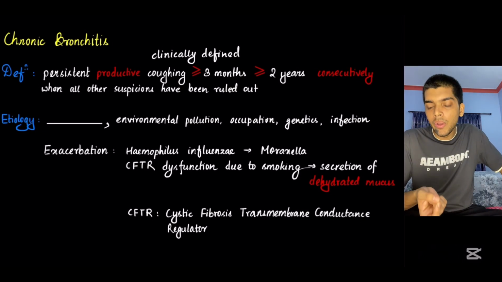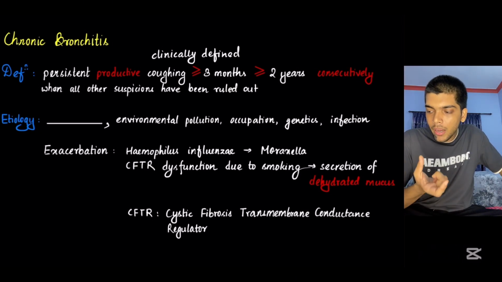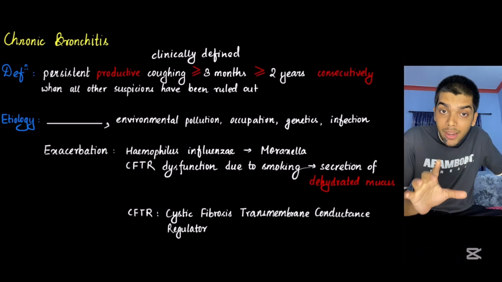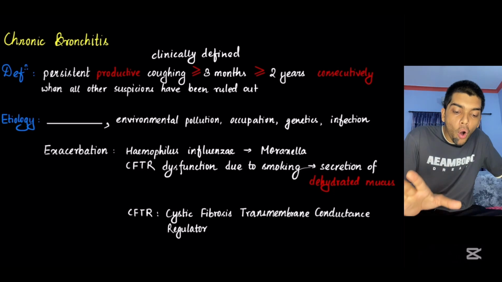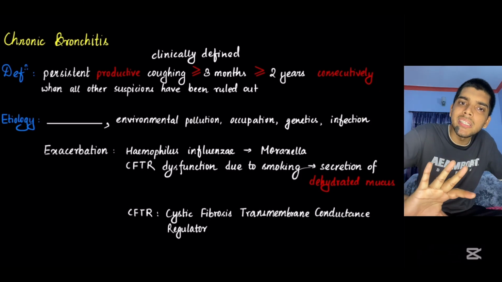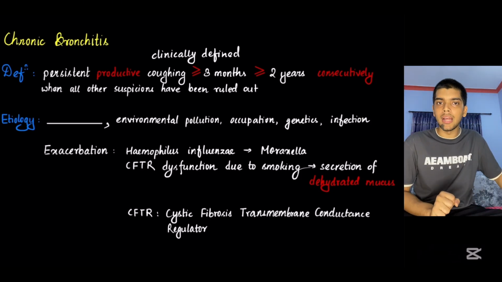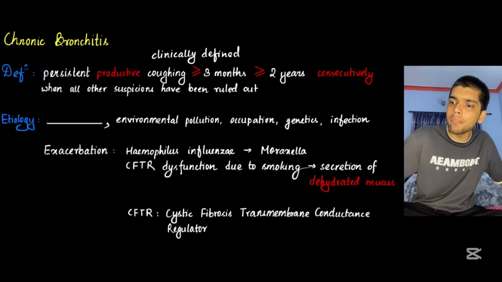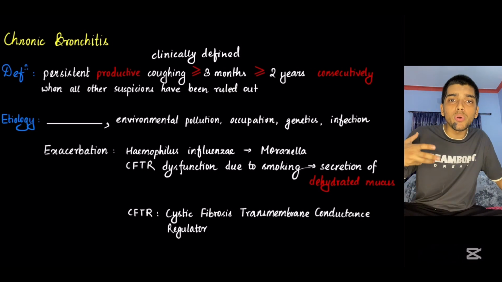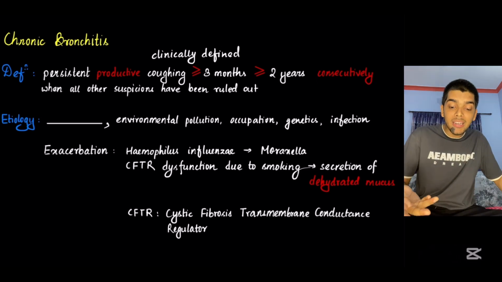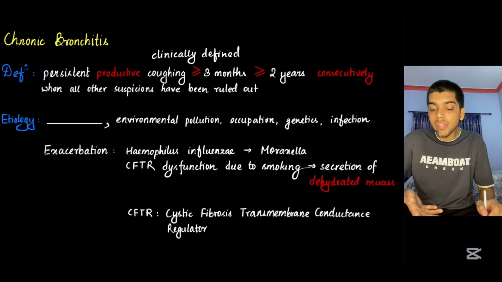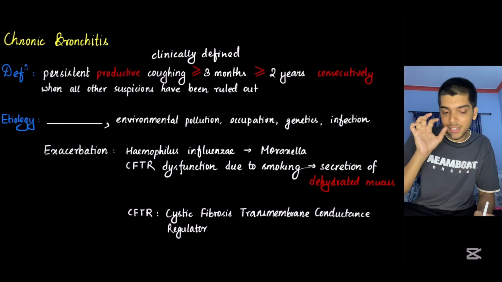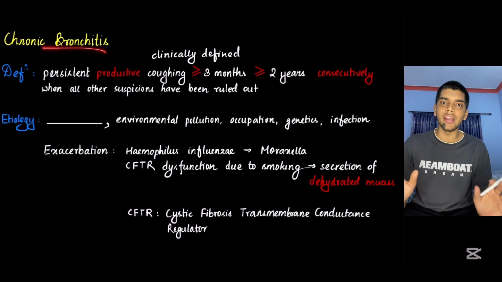That is why you can tell that a patient has chronic bronchitis only when all other possible suspicions have been ruled out. That is, the person does not have TB, or any other pathologies that are accompanied with productive coughing. Then finally, if the patient is presented with 3 consecutive months of coughing for at least 2 consecutive years, then that is chronic bronchitis.